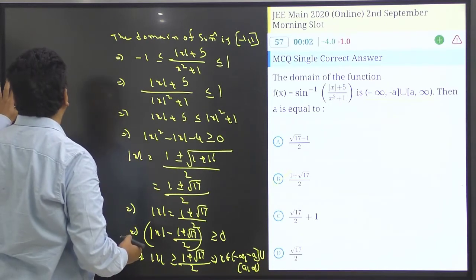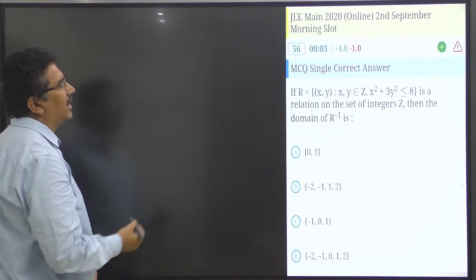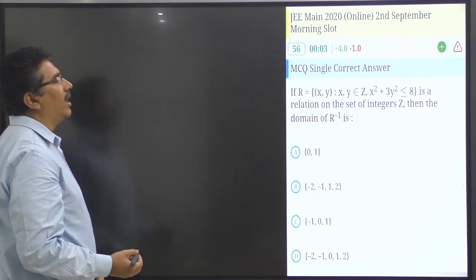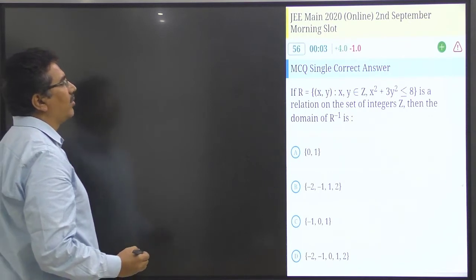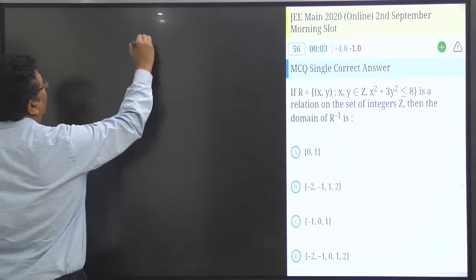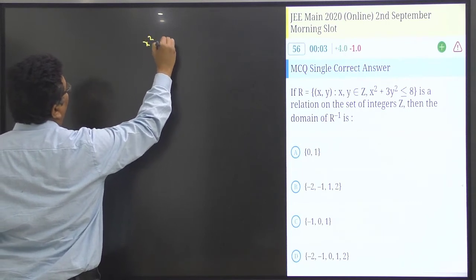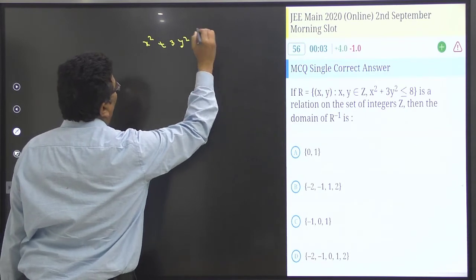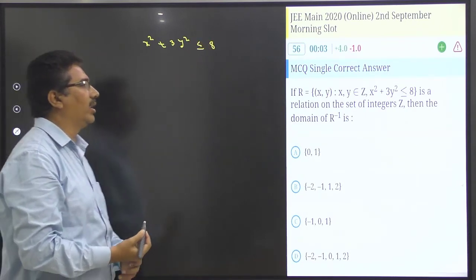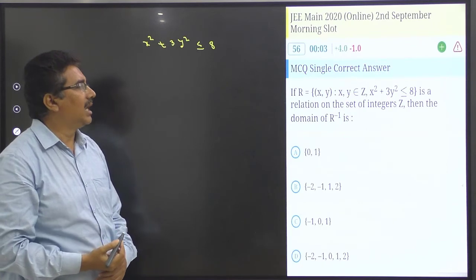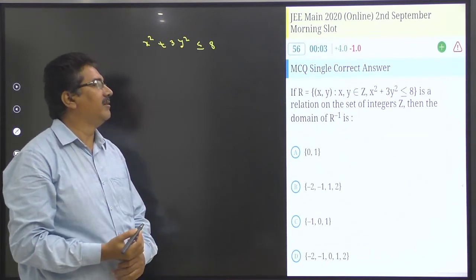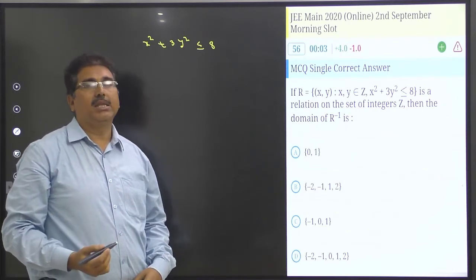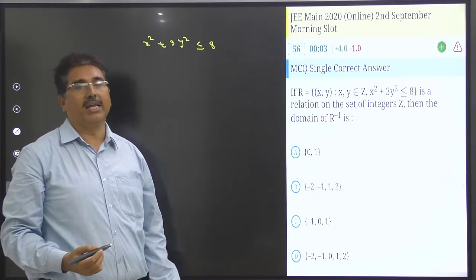Now let us see. This is a relation R defined by the set of all ordered pairs (x, y) with x square plus 3y square less than or equal to 8, a relation on the set of integers Z. So here x comma y belong to Z, then the domain of R inverse.